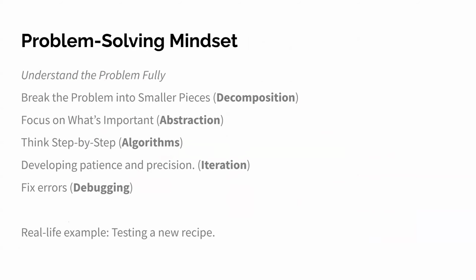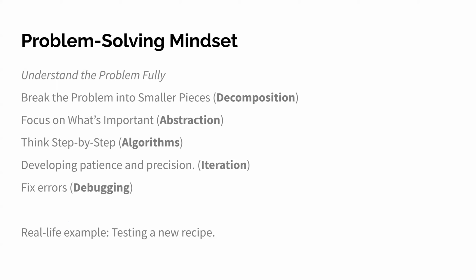Okay. Now in the end, what we are trying to tell you in this lecture is about having a developer problem solving mindset. So first, you need to understand the problem fully.